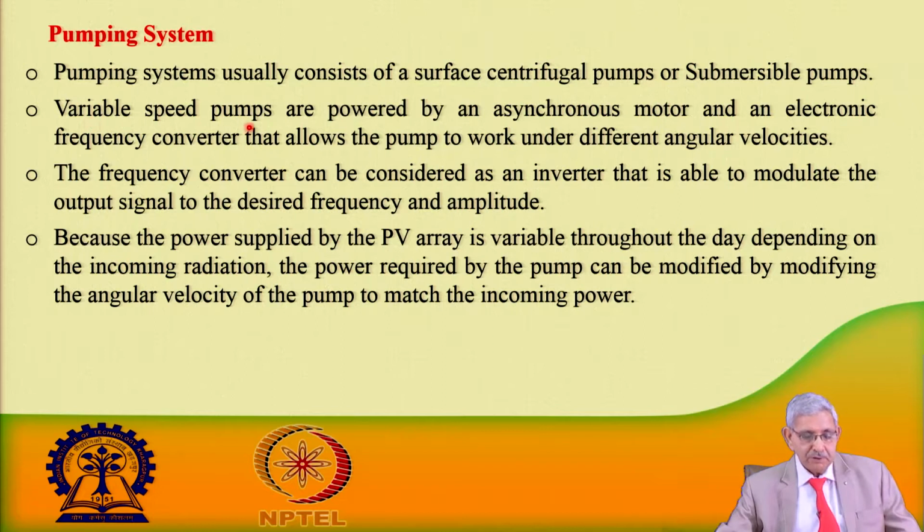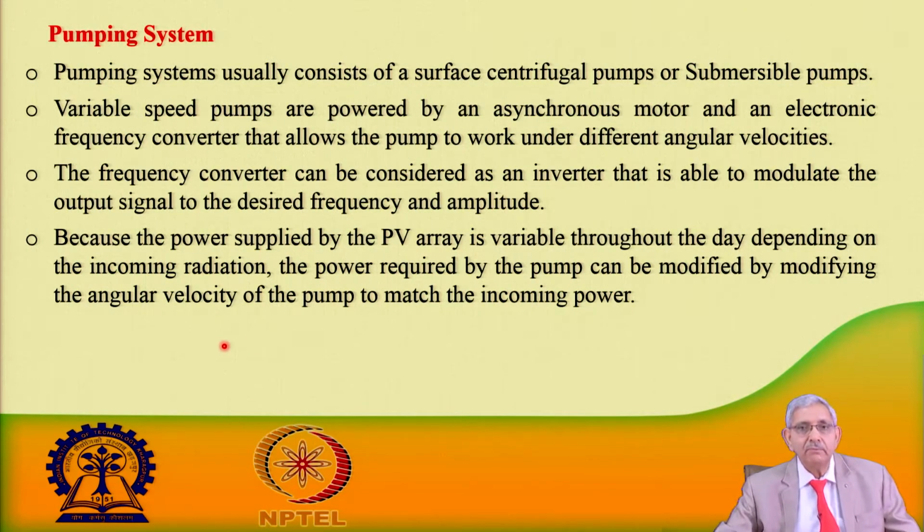Variable speed pumps are powered by a synchronous motor or an electronic frequency converter that allows the pump to work under different angular velocities. A frequency converter can be considered as an inverter which is able to modulate the output signal to the desired frequency and amplitude.